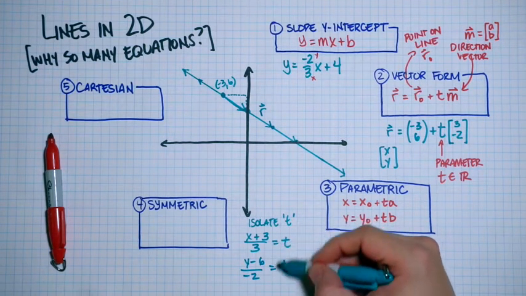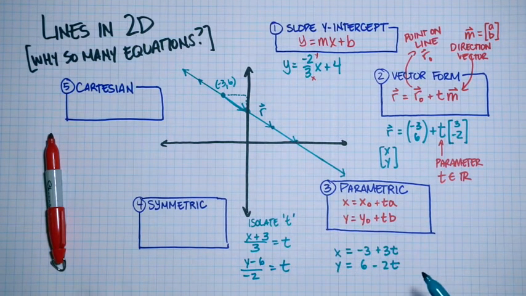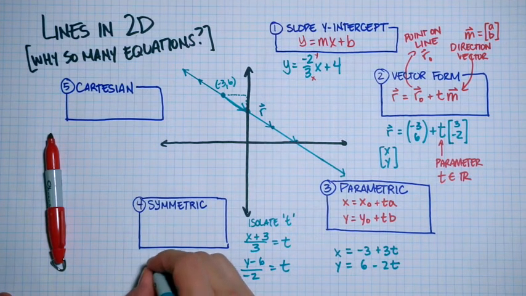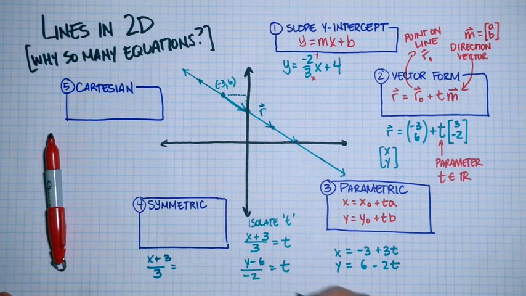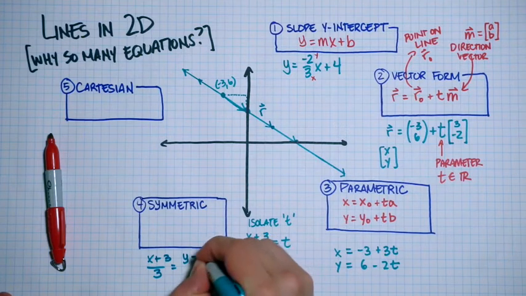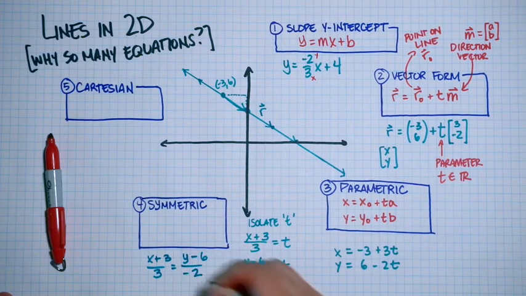So I now have two equations, both in terms of t. So in order to make a symmetric equation, I could just plug this equation into this equation, set them equal to each other since they're both equal to t. And that gets rid of the t. So I would end up with x plus 3 over 3 equals y minus 6 over -2. There is our symmetric equation.